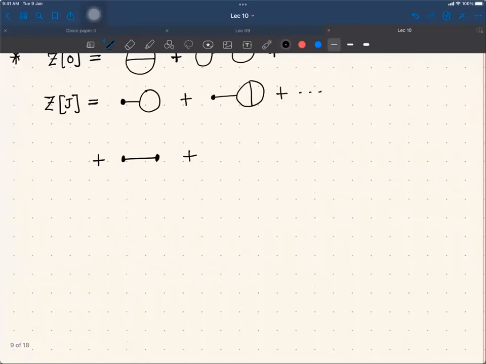We saw that we should have at least two vertices, so you cannot have a single vertex correction to order G correction to the 2-point function. It's not a 2-point function, it's a quadratic in J term in ZJ. So remember, this is not a Green's function. These points are not fixed in spacetime, but they are all integrated over.